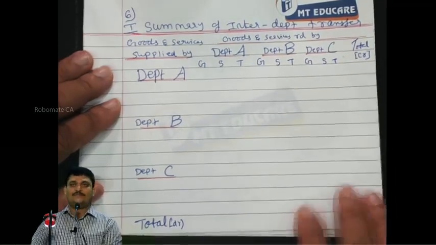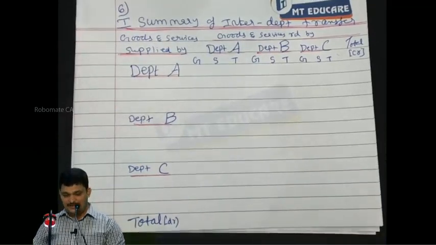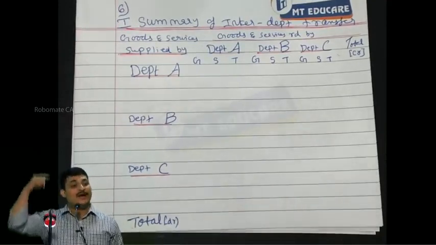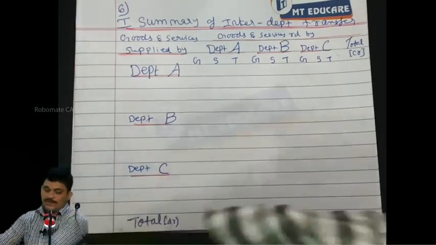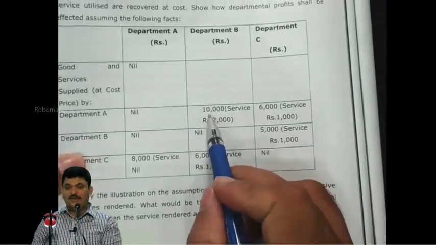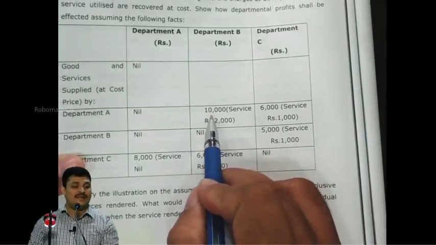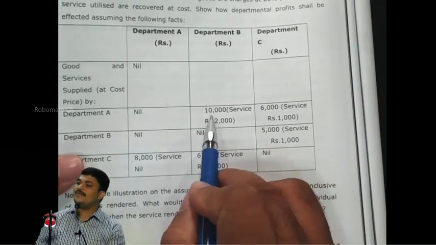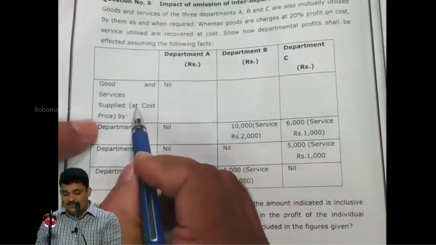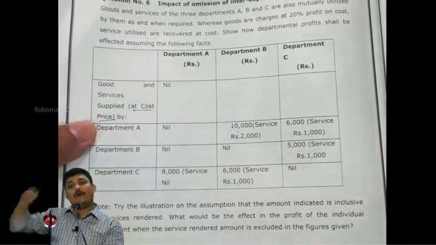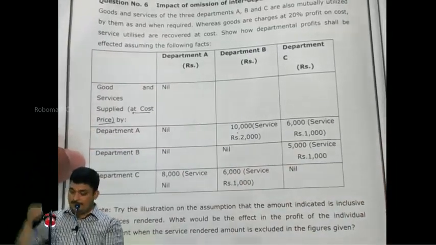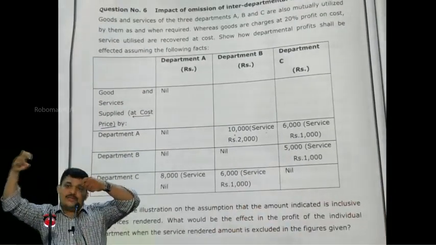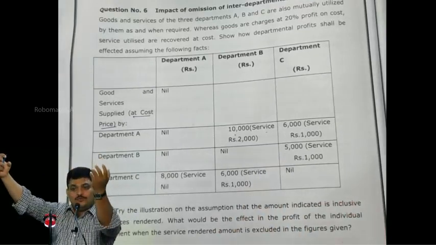Now listen friends, why such a presentation is required: goods are transferred at a margin, but is the information given in this table including profit or excluding profit? Because it is given at cost, we have to add profit. But this 10,000 includes service. First remove that service, balance is goods.